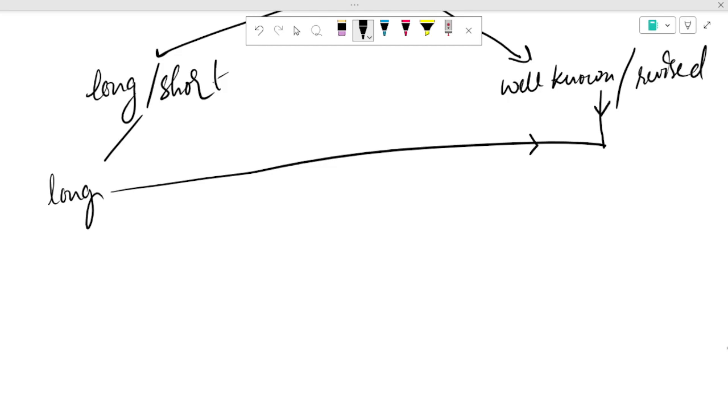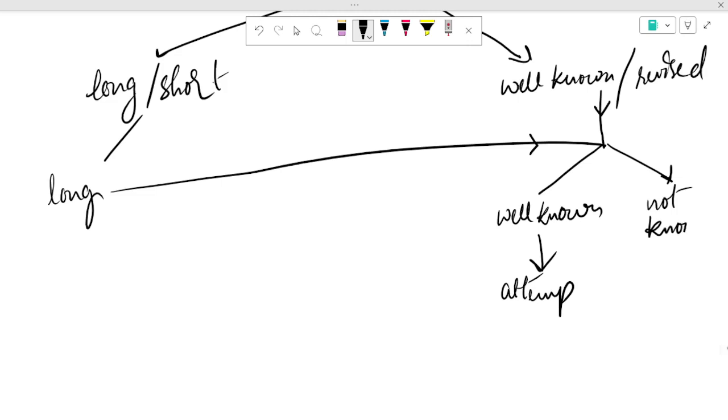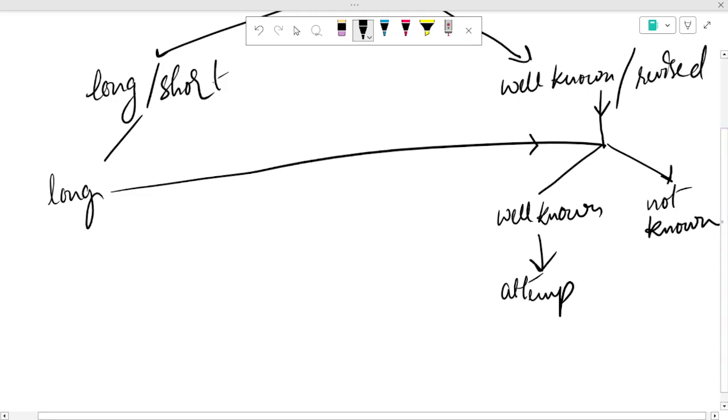Now, if it is a well-known topic, then you try to attempt it. But if it is not known to you, you just simply go to the next MCQ.